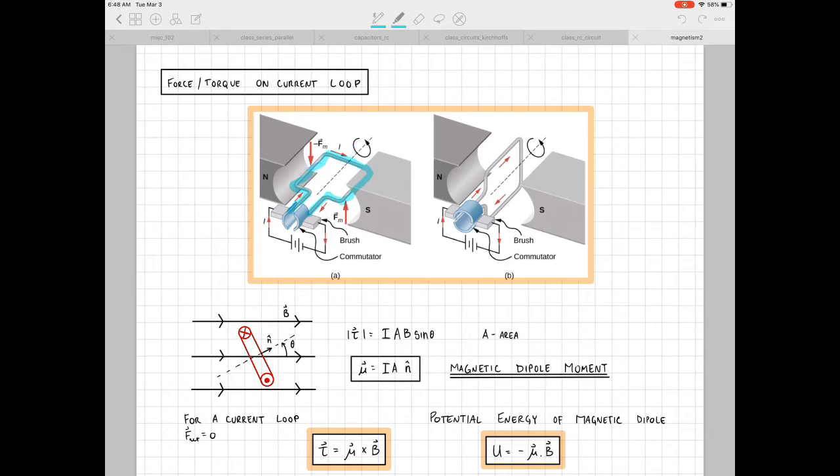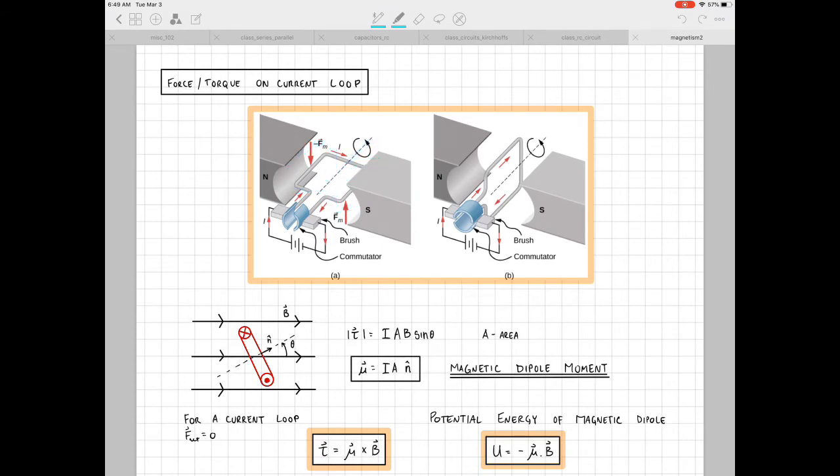And so thinking about our direction of current and our direction of the magnetic field, then on this portion of the wire over here, we're going to get a magnetic force downward due to the direction of the motion of the charged particles and the B field. And in this segment, we're going to get a force up. So on the left side of the loop, the force is down, the right side, the force is up. That's going to cause rotation about this center axis.